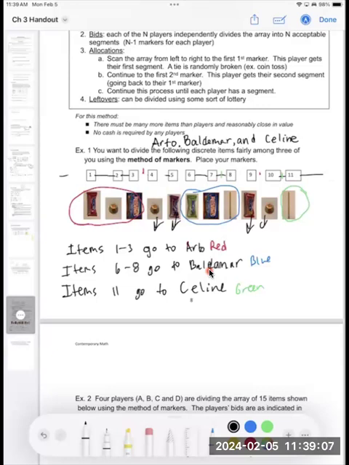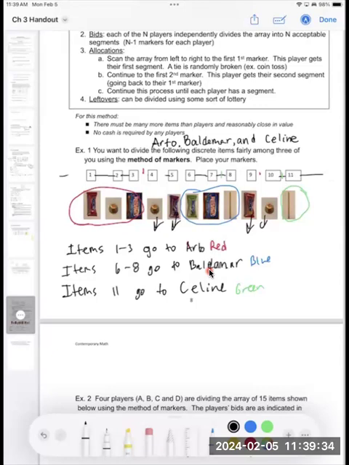Like why would those steps get me to the answer? That kind of helps me, making meaning of the steps. Just looking and thinking about this, it's an interesting way of doing this. How do they ensure that every single time everybody gets at least a fair share in their eyes?